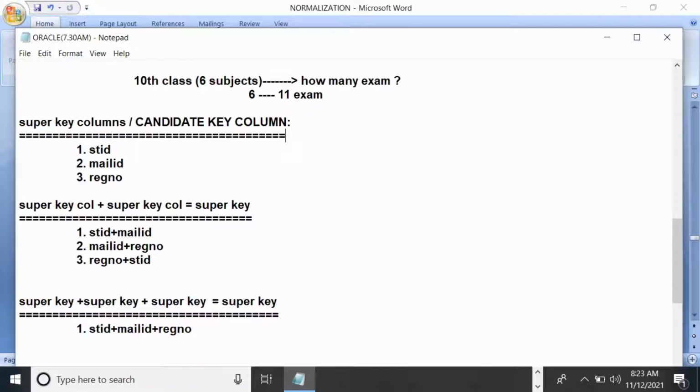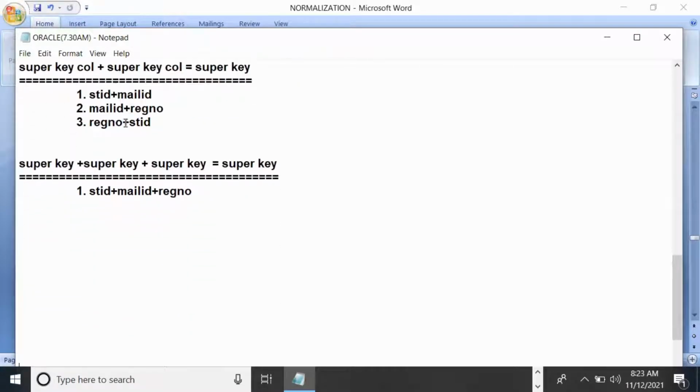Now, the super key and candidate key, these are all names. Simply we can say, guys, these are all called primary keys. So a primary key has different names. A primary key is called a candidate key.